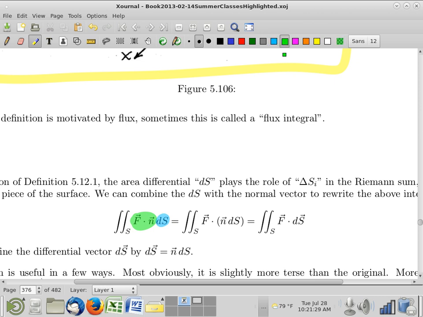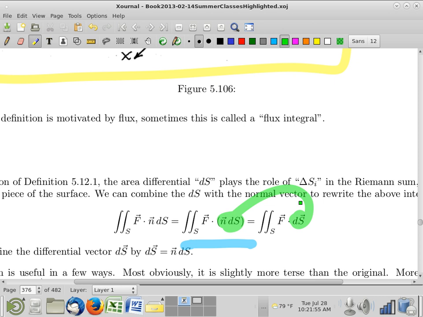Let me just point out I could write that as F dot N dS. It's the same thing. I'm just moving the parentheses around. But what's nice about this point of view is that I can now think of N dS as a single thing. And N dS is a natural pairing of factors. Let's think about what N dS represents.